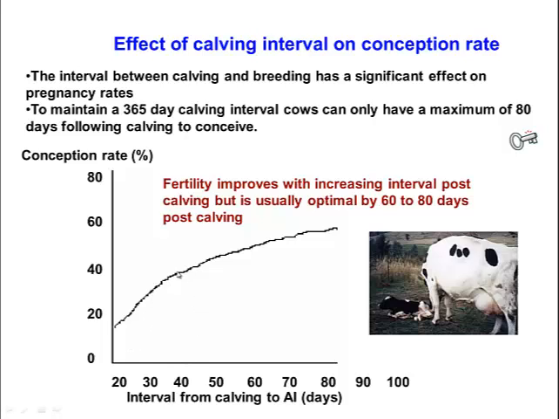Once cows get to about 40 days, pregnancy rates are increasing quite a lot. They're not too bad, but they tend to be optimal around 60 to 80 days following calving. So by the time we start mating, if most of our cows are within this window, 60 to 80 days post-calving, then that's one way of improving reproductive performance in the herd.